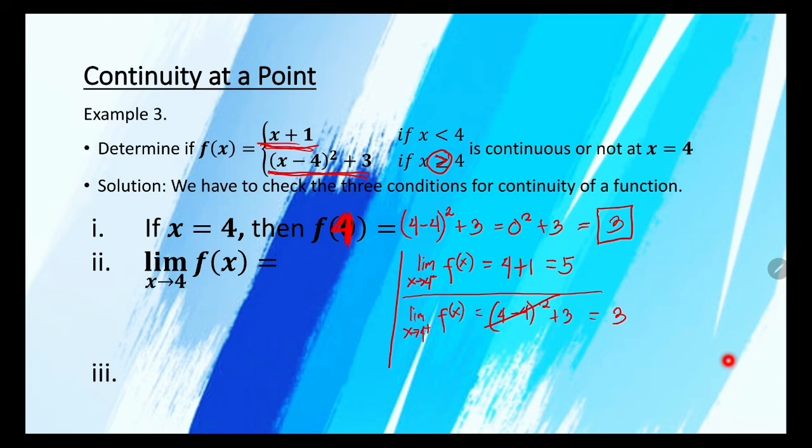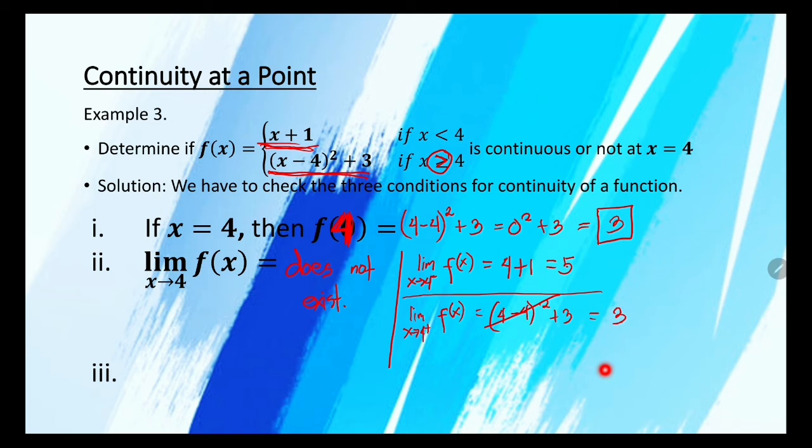Since the limit from the left and right is not equal, therefore the limit of f of x as x approaches 4 does not exist. So the limit from the left and right of 4 should be equal for the limit of that piecewise function to exist.